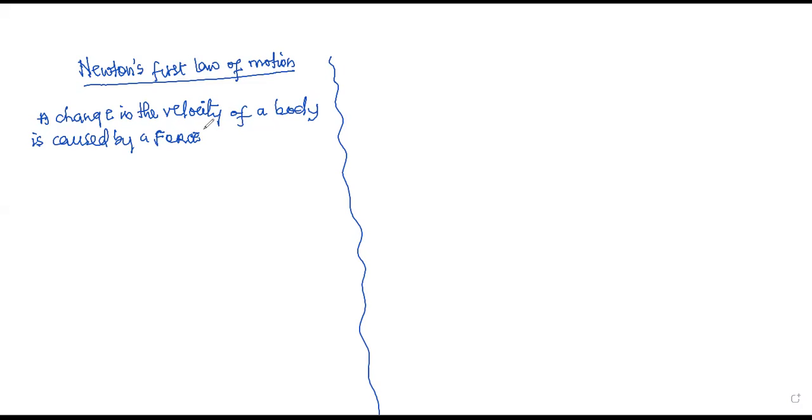So what the law is basically saying is that if there is no force acting on a body, two things can happen. One, either the body will be at rest or the body will move at a constant velocity.